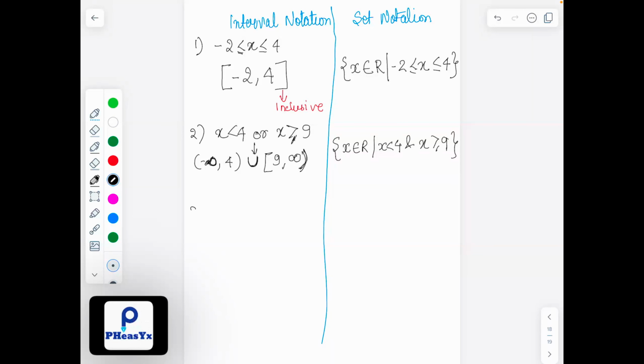Let's take another example. x is greater than 3 and x is less than or equal to 14. So in interval notation, this is clear. This part is exclusive while this part is inclusive.